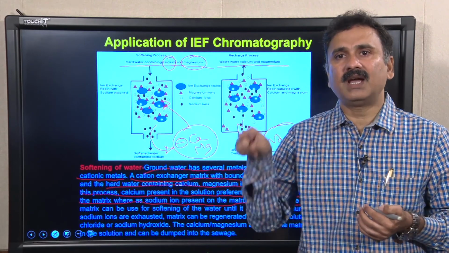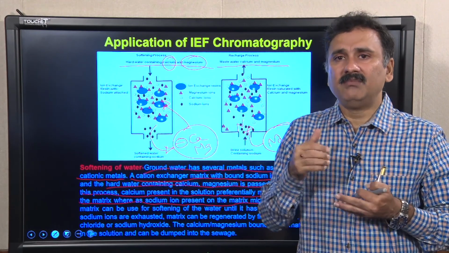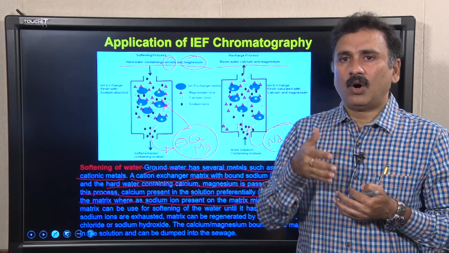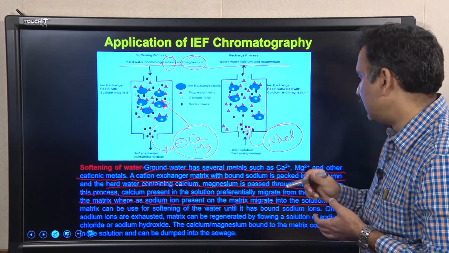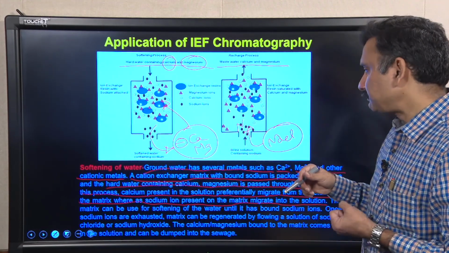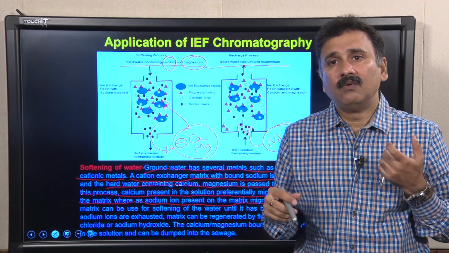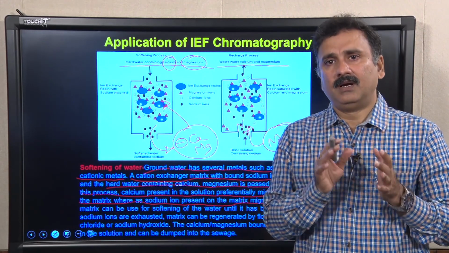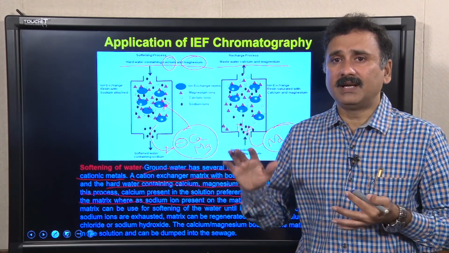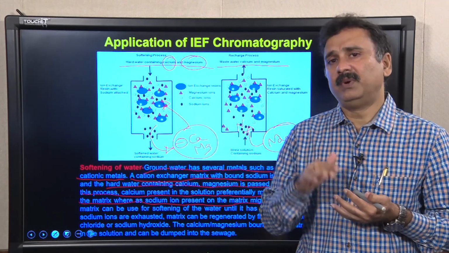So, this cartridge can be used on several occasions, and that is how you can remove heavy metals as well as other transition metals, and remove the hardness from the water. So, this is just a simple description of how cation or anion exchange chromatography can be used to purify water.